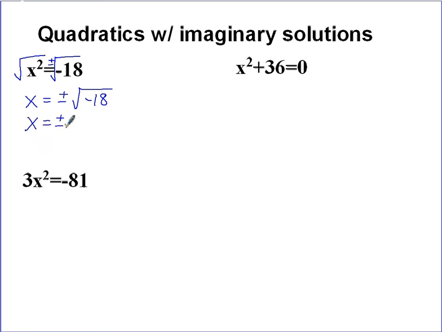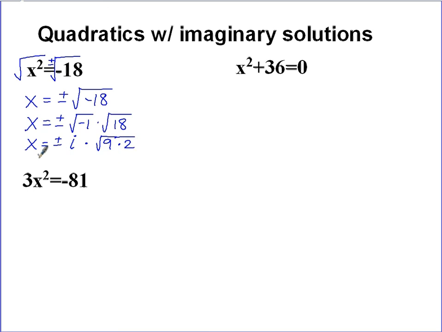And so I'm going to split this up as the square root of negative 1 times the square root of 18. The square root of negative 1 ends up being i. And the square root of 18, I want to split that up to the highest possible perfect square that goes into it, 9, times whatever it needs to get 18.